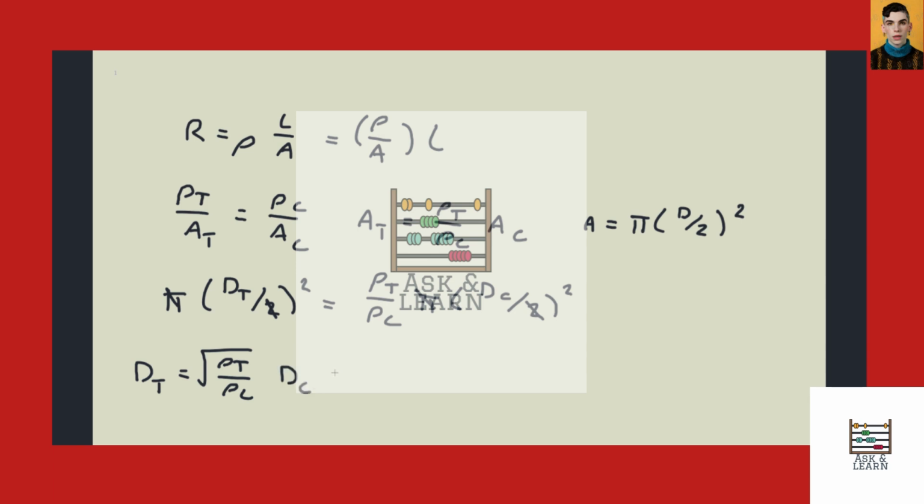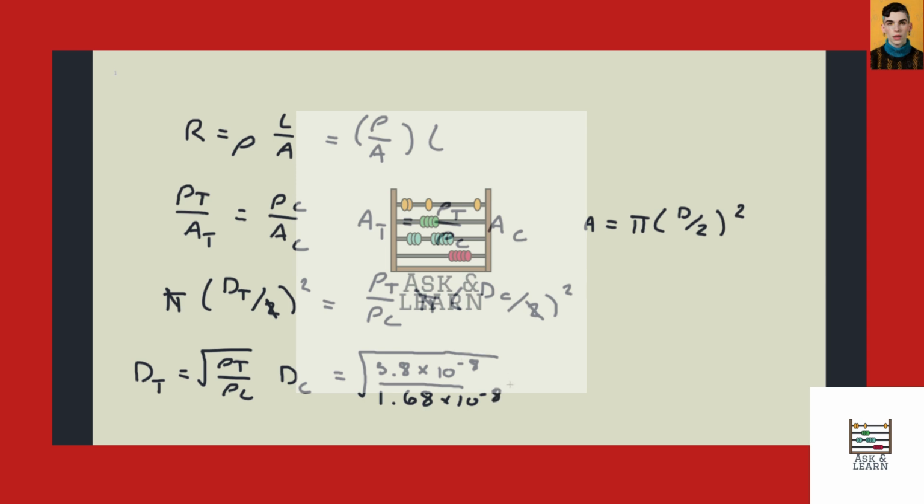Plugging in numbers given to us by the book, we find that the resistivity of tungsten is 5.8 times 10 to the minus 8 ohms times meter. And the resistivity of copper is 1.68 times 10 to the minus 8 ohms times meter.